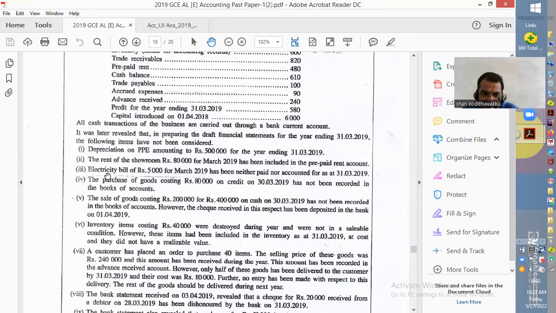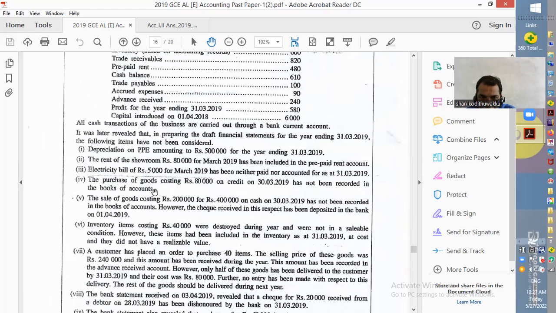Right. Adjustment number 4: the purchase of goods costing 80,000 on credit on 30th May 2019 has not been recorded in the books of accounts. Right. On credit means the business doesn't pay money at the time of purchasing. It has happened in the current accounting period, but they haven't recorded it in the books of accounts.